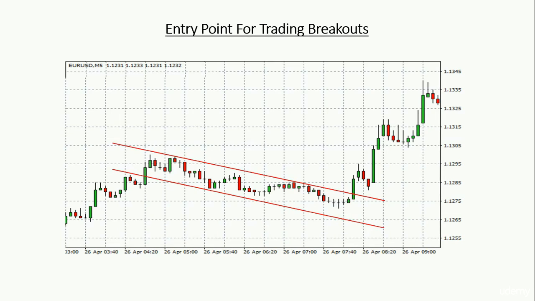As you recall, a bull flag is a downtrend channel after an uptrend. As you see here, the channel was broken with these strong trend bull bars.